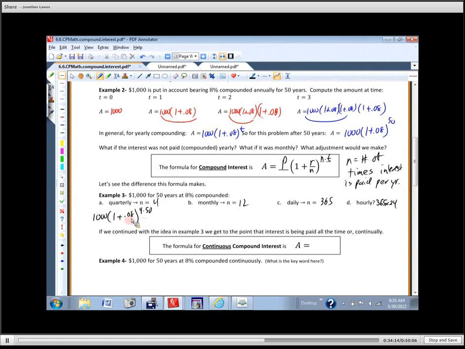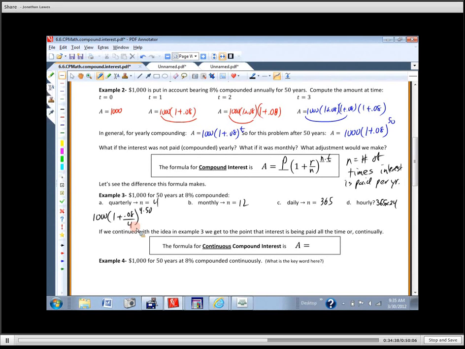But are they going to pay us the full 8% every time they pay us interest? No, that wouldn't be fair. It's 8% per year. If they're going to pay us 4 times per year, they're going to take that 8% and divide it by 4. So what's 8% divided by 4? They're going to pay us 0.02, or 2%.